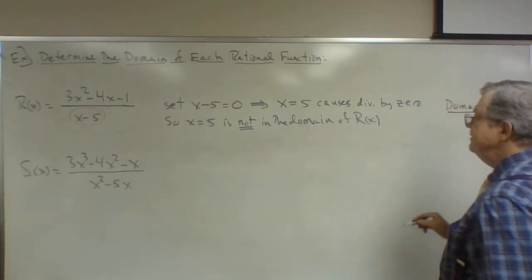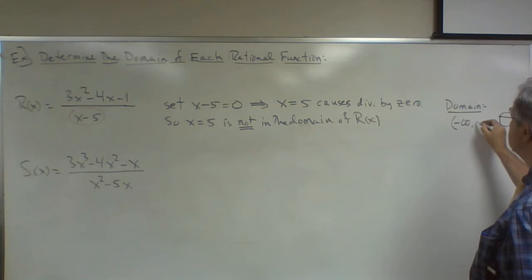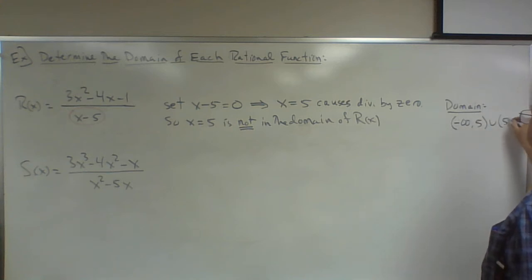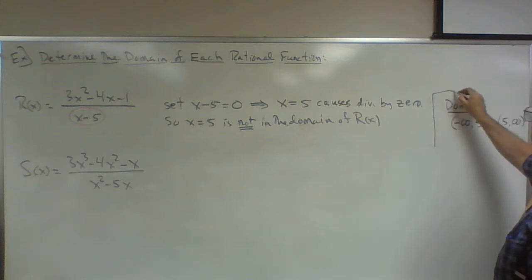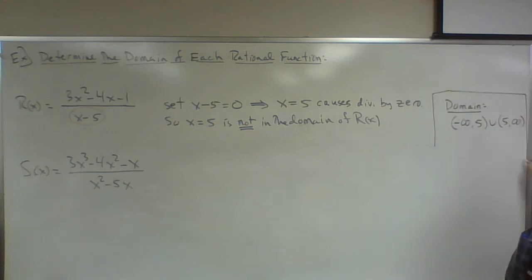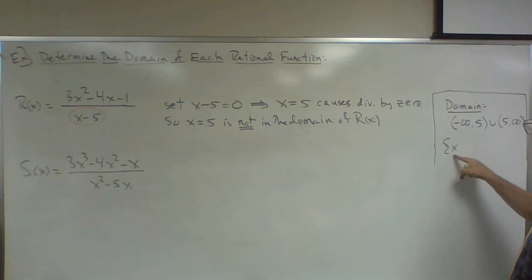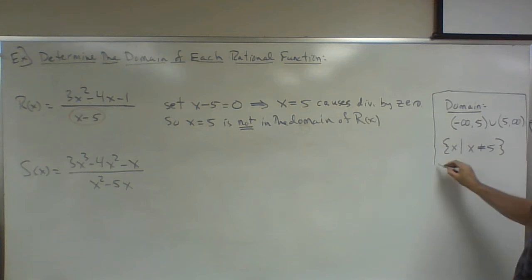The domain is the set of all real numbers except 5. And we can write this a different way: the set of all real numbers x such that x is not equal to 5. That's the domain.